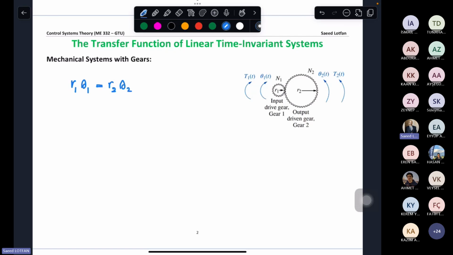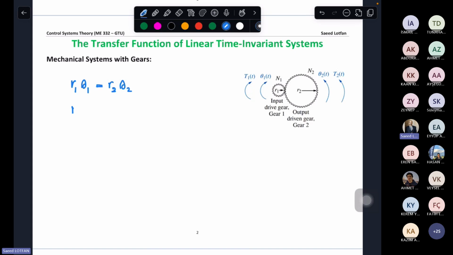If you have two gears, the input gear, gear 1, and output gear, gear 2, in which they have the radius R1 and R2, and number of teeth on them are N1 and N2. Theta 1 and theta 2 are shown as the degrees of freedom of the rotation, and T1 and T2 are the applied torques.